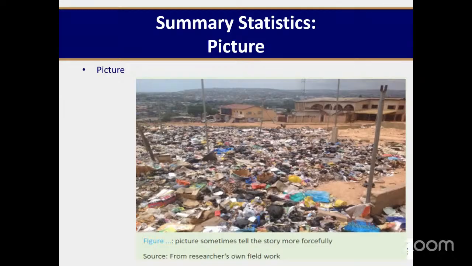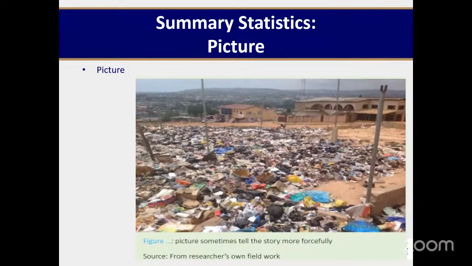Because in our part of the world, you don't know when somebody will tell you that you don't even know whether you went and took data or you concocted the data in your room. So if you have the opportunity, with the consent of those who are in the picture, take pictures of you doing the work. It is very, very important.